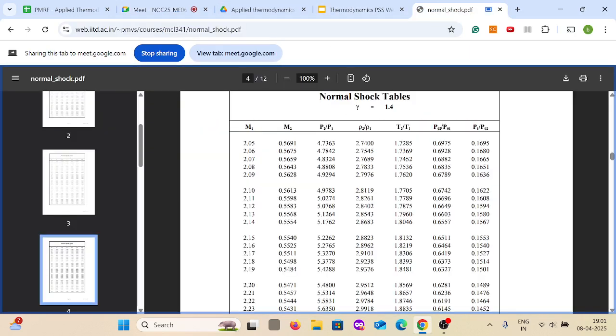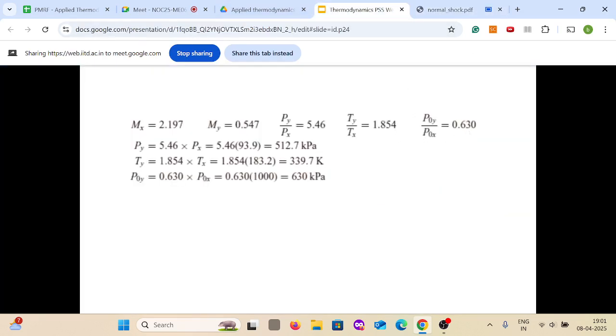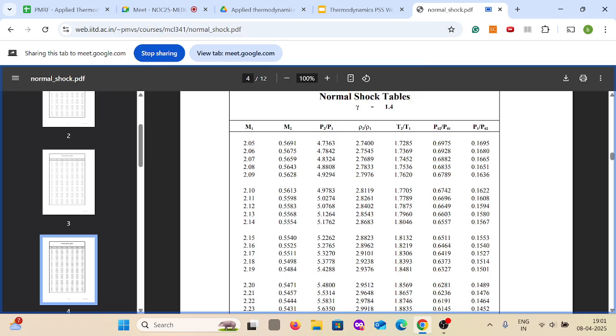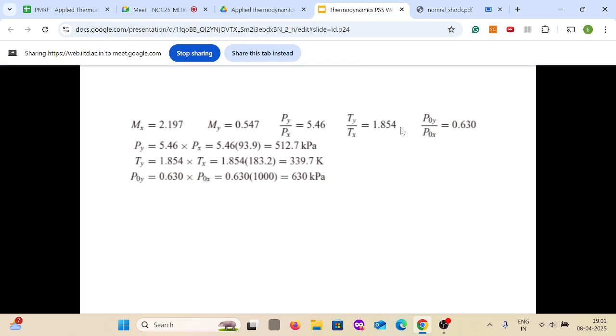We got 5.46 because you have to interpolate between 2.197 and 2.2, and rho 2 by rho 1 is 2.95, which is not required for us. We require P02 by P01, which is 0.6281, so we got 0.63, and then the temperature ratio downstream to upstream, which is 1.8569, we got 1.854. So that's how you read from a normal shock table.